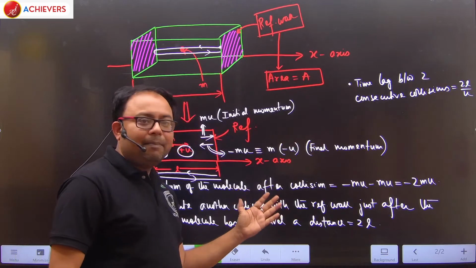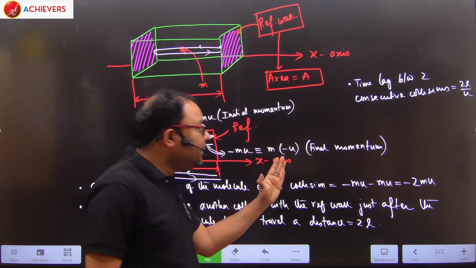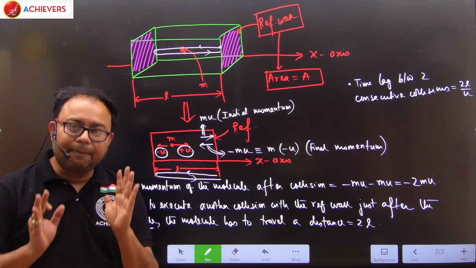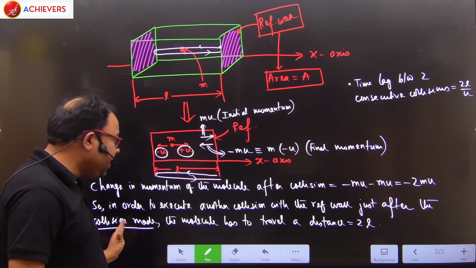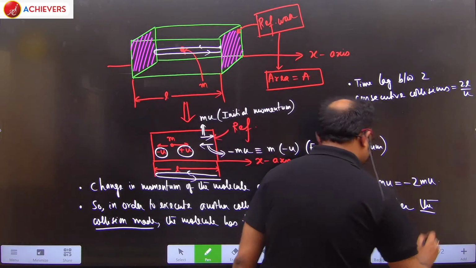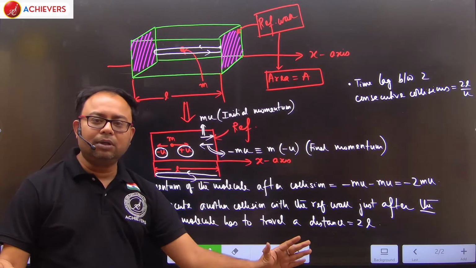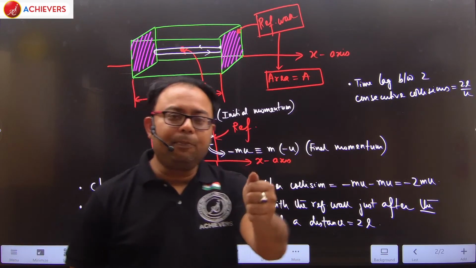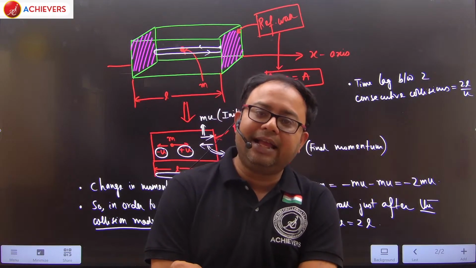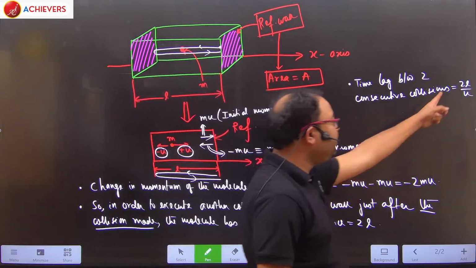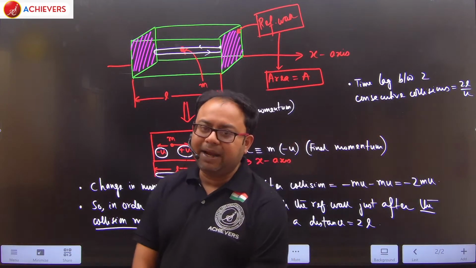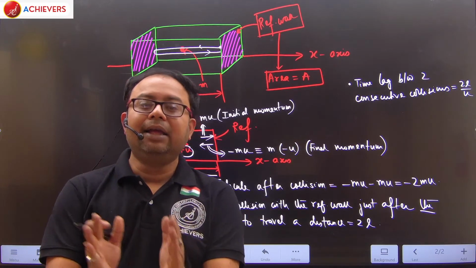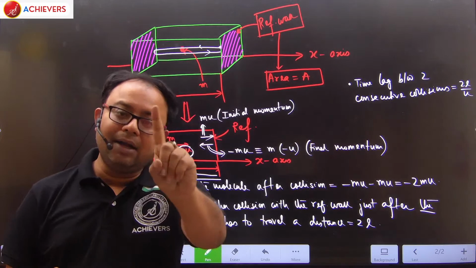So in 2L by u seconds, you'll find that one collision is made.